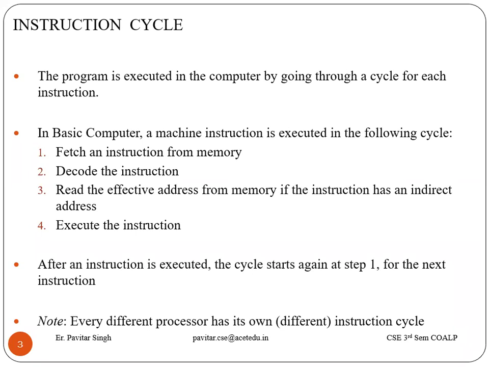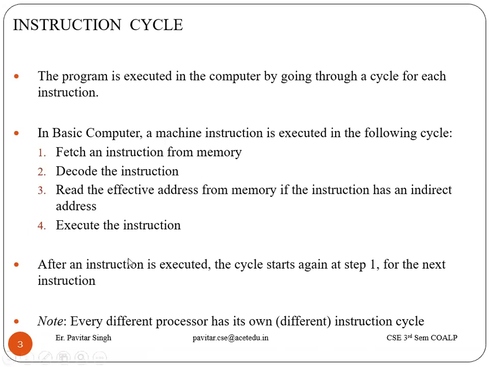If the instruction has an indirect address, you need to read the effective address, right? Then the instruction will be executed. So these are the four basic steps for the instruction. This is called the instruction cycle.